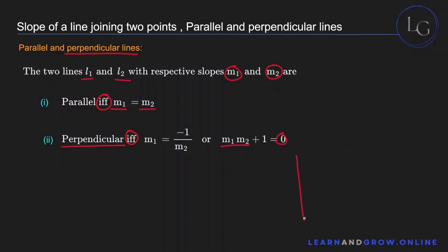So if you have, say, this line over here, and this line over here, they will be perpendicular if and only if the gradient of this line is equal to the negative reciprocal of the gradient of this line. Okay?